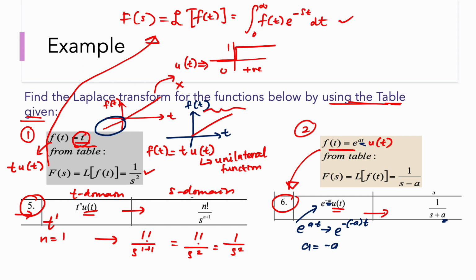So our a now is equal to negative a. Therefore, the conversion of the time domain for this equation into the S domain will give 1 over s minus a. So this will be the answer.